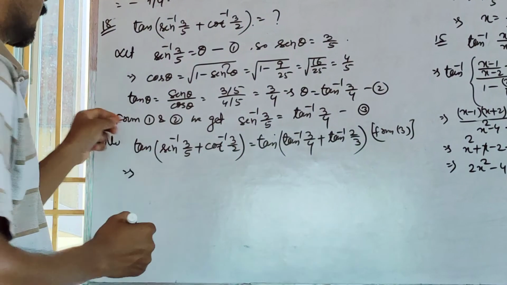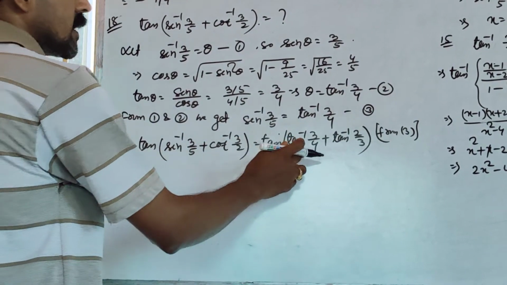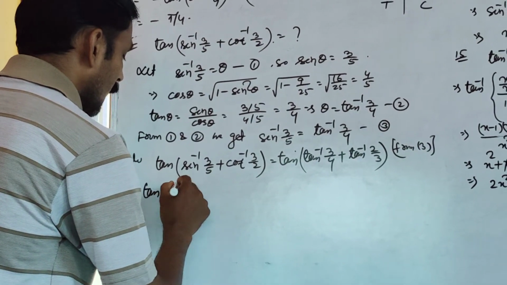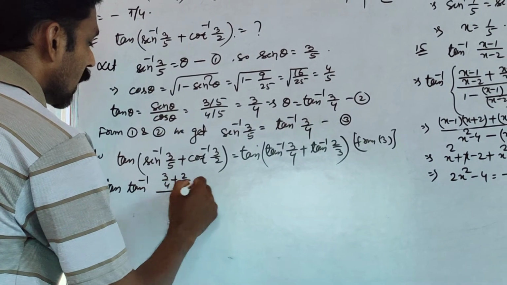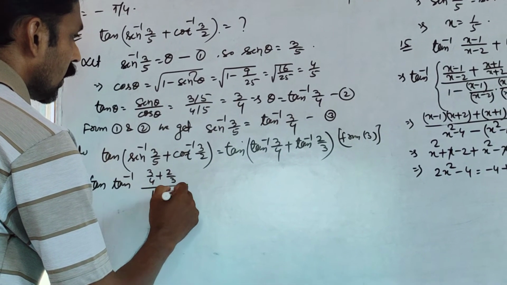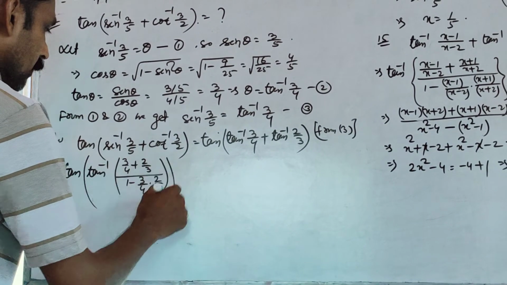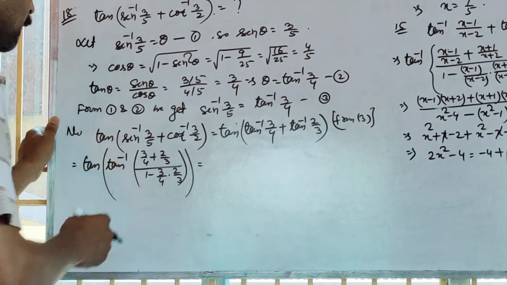Now it is tan of tan inverse x plus tan inverse y. Formula: tan inverse of x plus y by 1 minus xy. So tan and tan inverse will be cancelled.